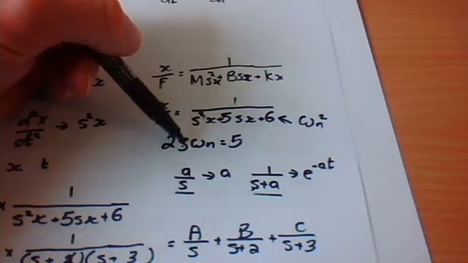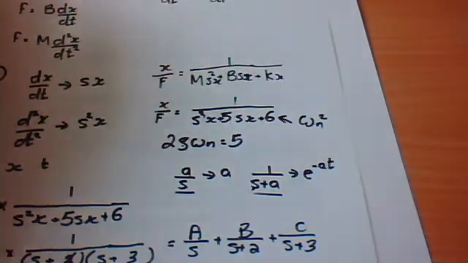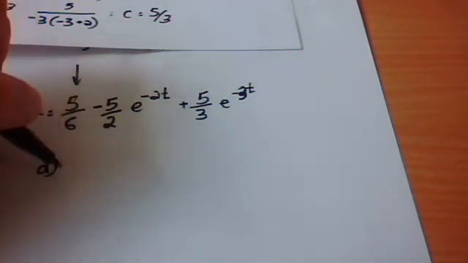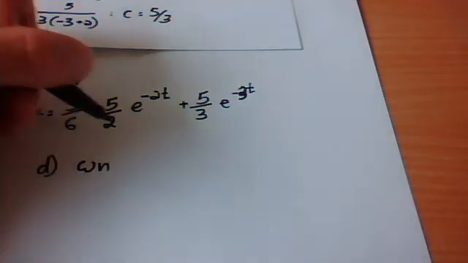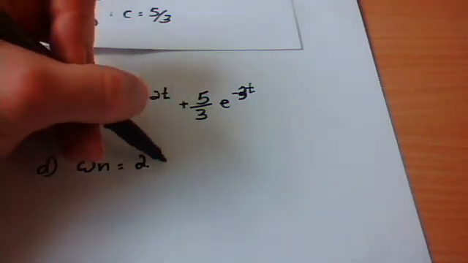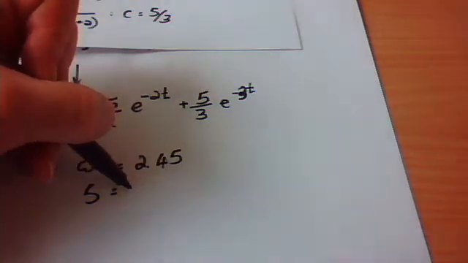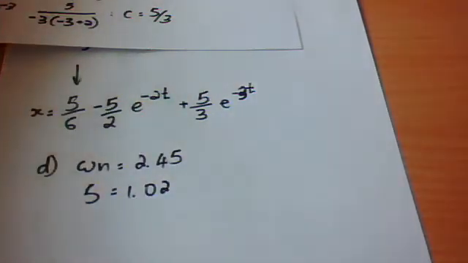We can solve for zeta by taking 2 over to the right hand side, and we should get omega n is equal to 2.45 and zeta is equal to 1.02.